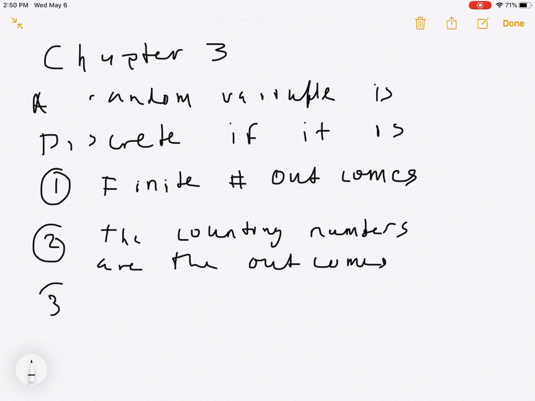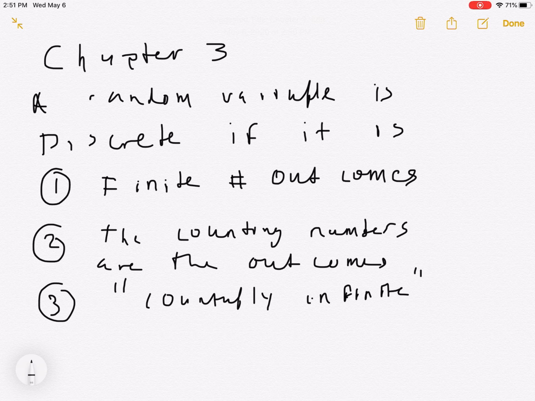And a third criteria is that it could be what's called countably infinite. And if you're looking for an example, you can look at the geometric series, a geometric distribution.